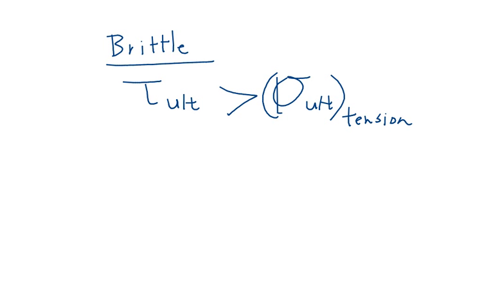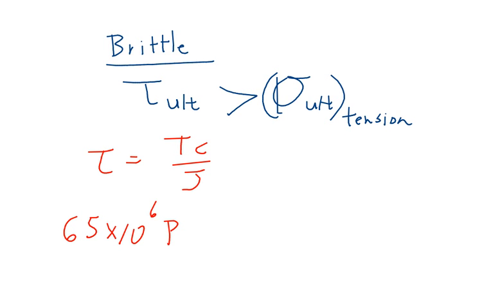So here's how we're going to solve part B. Tau is TC over J. That means 65 mega, remember, is 10 to the 6 pascals, is equal to 6 kilonewton meters, that's 6 times 10 to the 3rd newton meters, times C. C is unknown now. C is the radius.